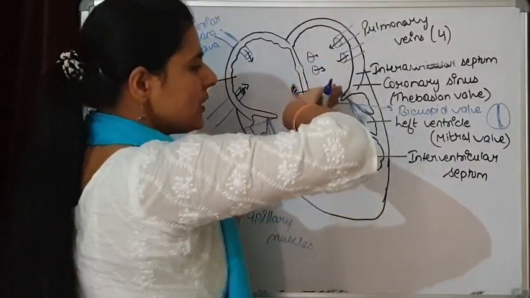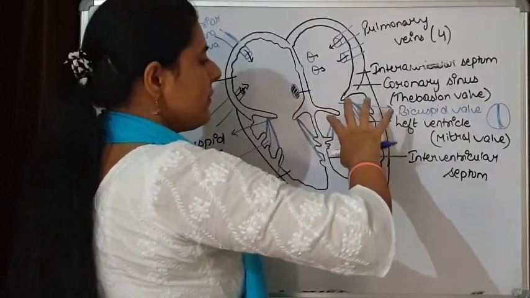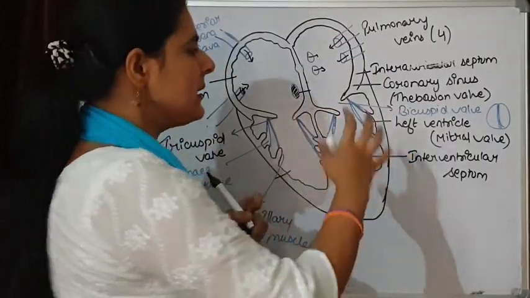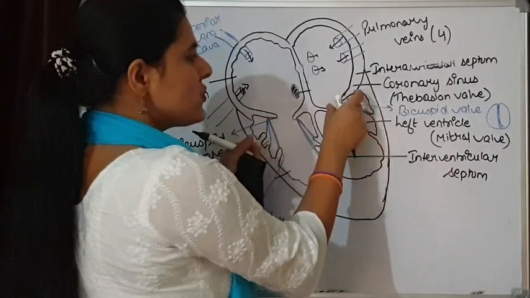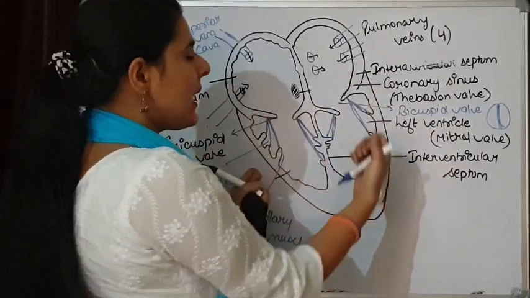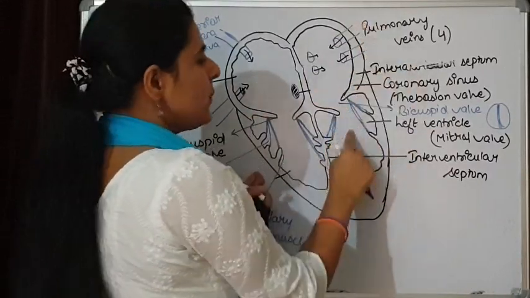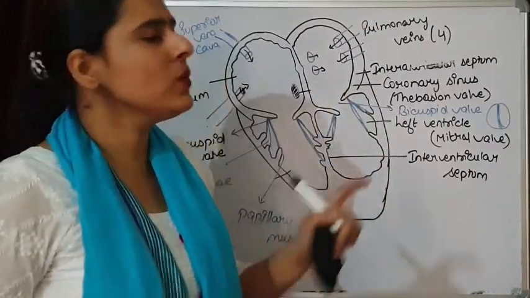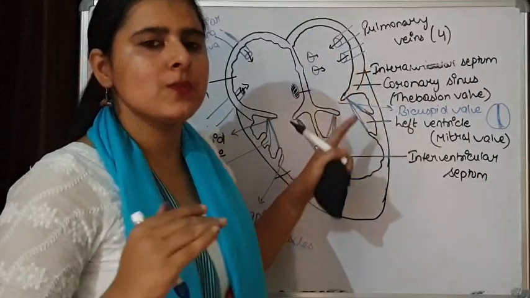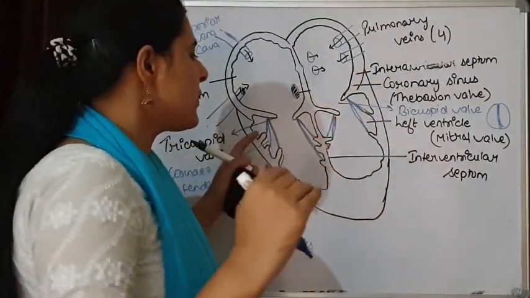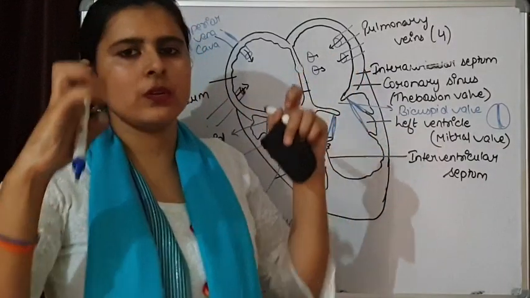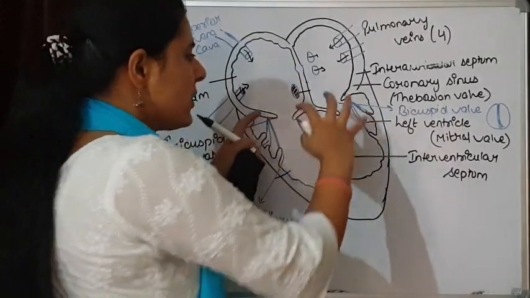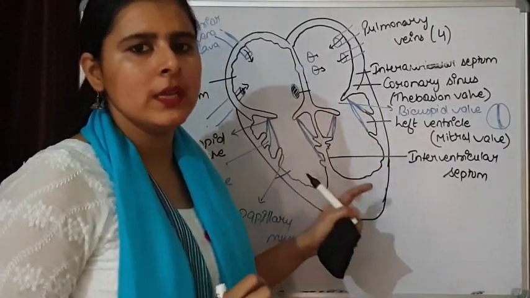So they support the movement over here, but whenever the ventricles contract, they pull these two valves downward so that they do not open over here, and the ventricles do not pour the blood into their respective atria. So this backward flow of blood is prevented with the help of these chordae tendineae, which capture these over here.